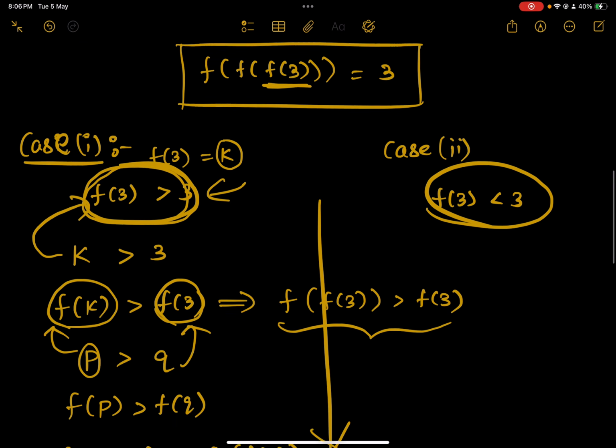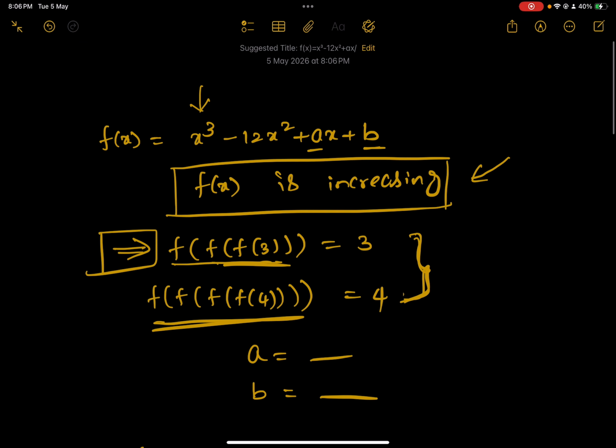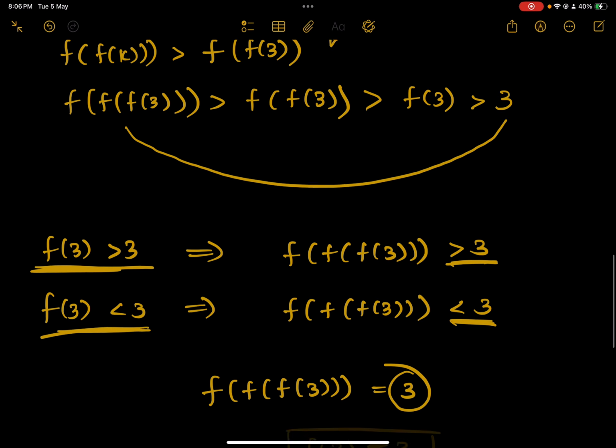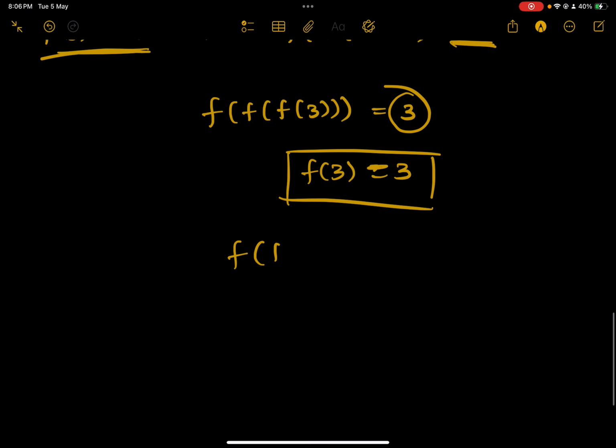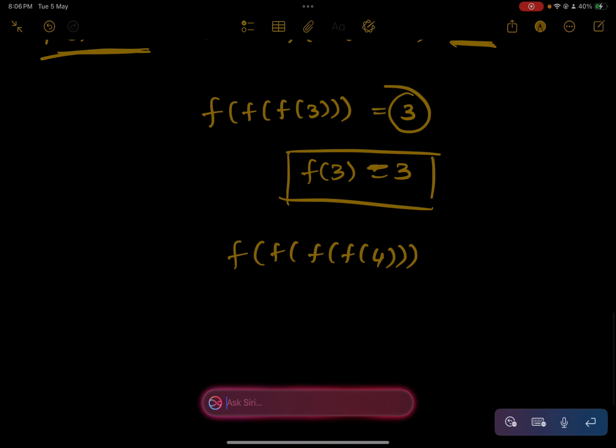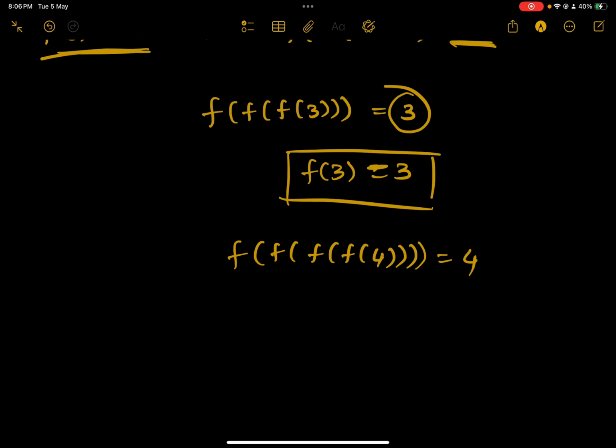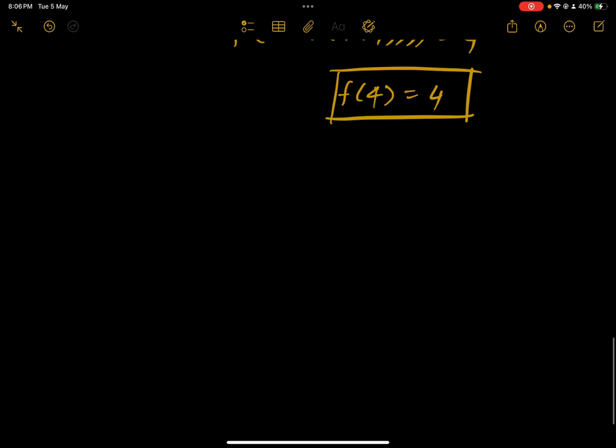And similarly, with this condition, again if you do the same exercise, we have f of 4 is equal to 4. So at this point, let us generalize the result.